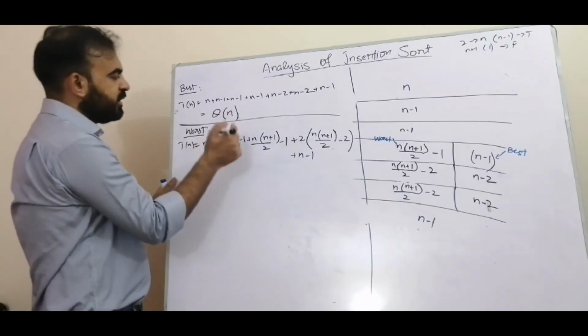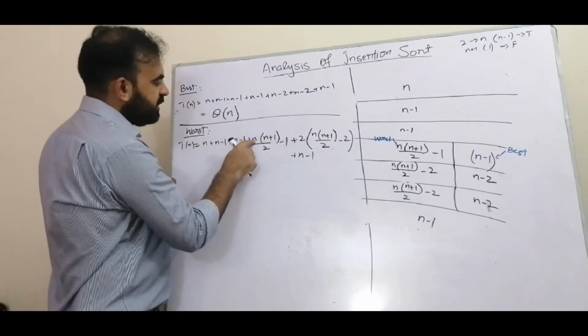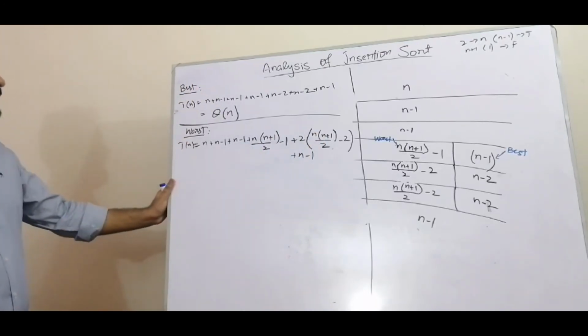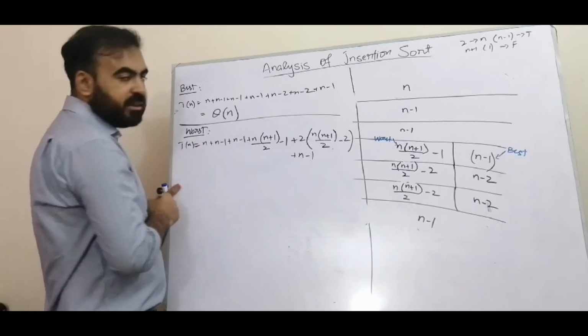So you can see the highest order term is n square here, because when this n is multiplied with this n, and this n is multiplied by this n, both will become n square. So what is the highest order term? N square.